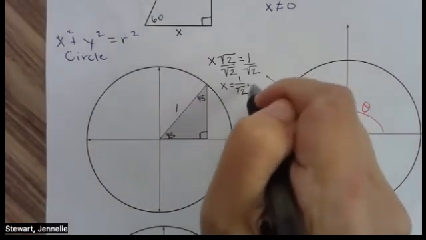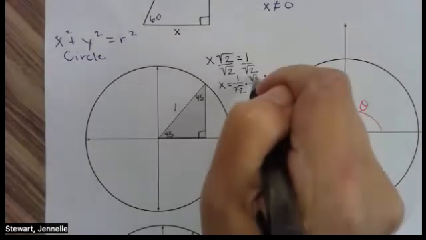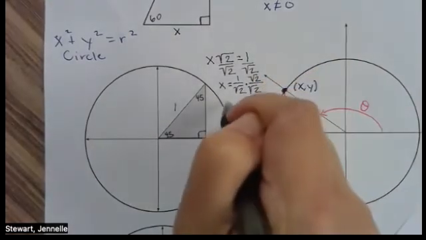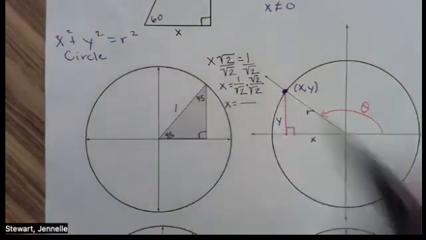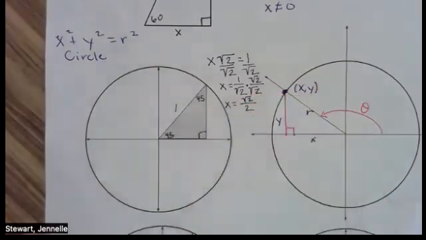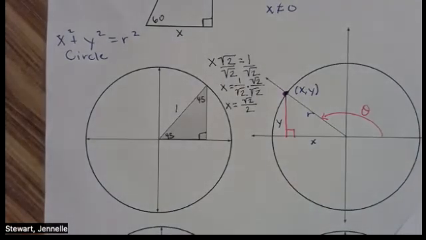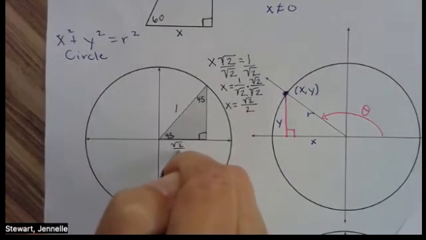We're going to multiply the numerator and the denominator by square root of 2. So now my answer is going to be square root of 2 over 2. That's my x value, the square root of 2 over 2.